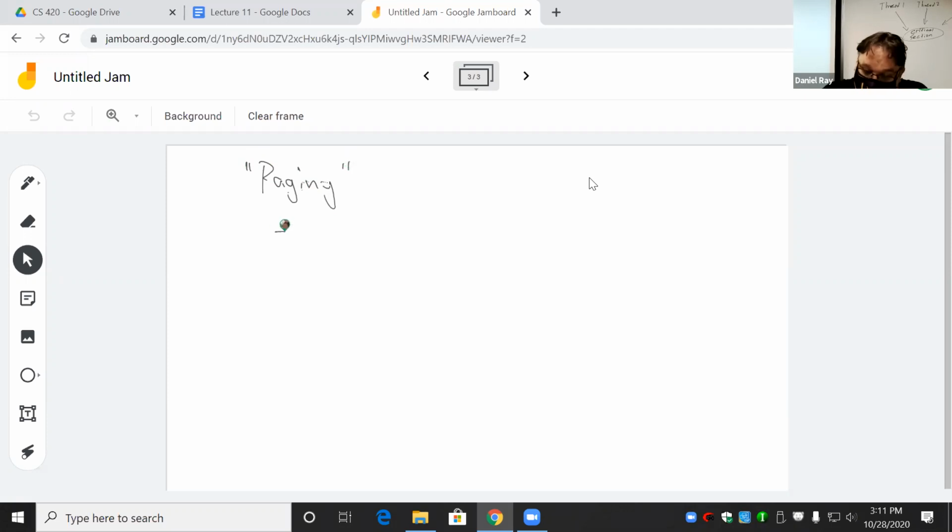What's a page? Okay, so a page. A page is a fixed size chunk of logical address space.